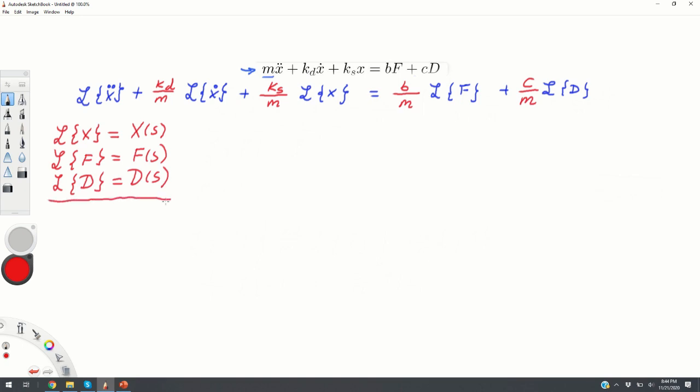Good. Now, the fundamental question is, what is the Laplace transform of x double dot, and what is the Laplace transform of x dot?